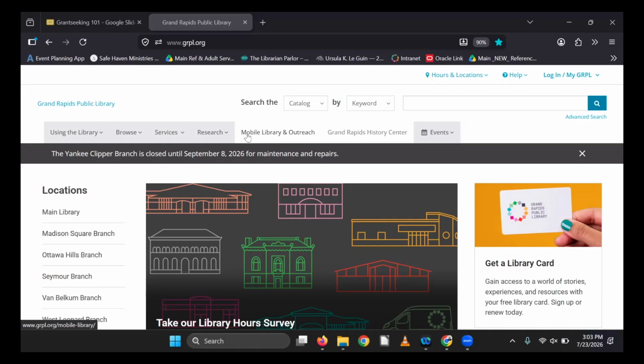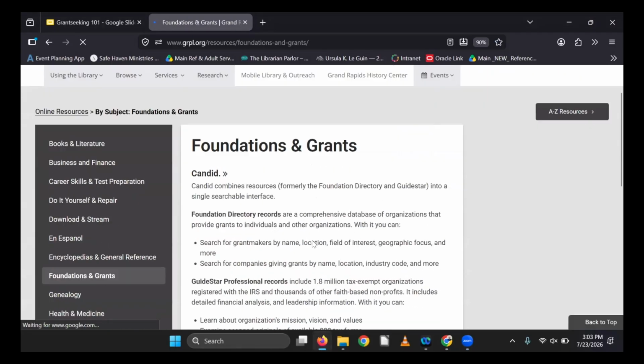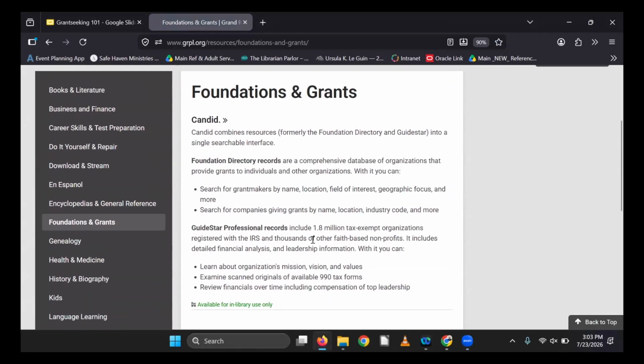The way that we access this tool is, again, from our Grand Rapids Public Library website, and then going to the research dropdown, and then to foundations and grants. And that will take you to the Candid tool.